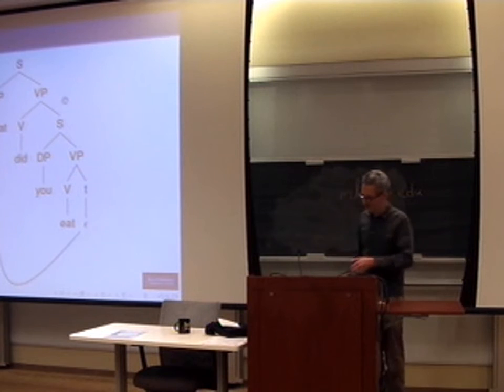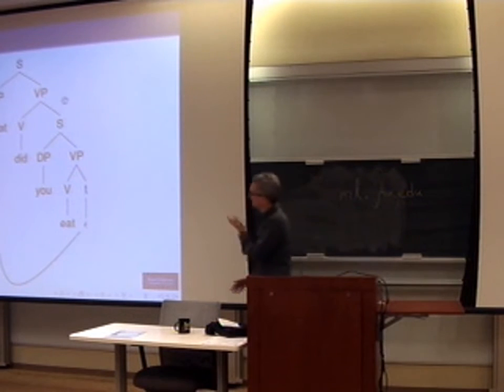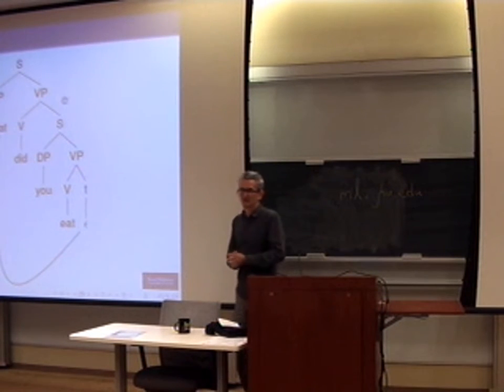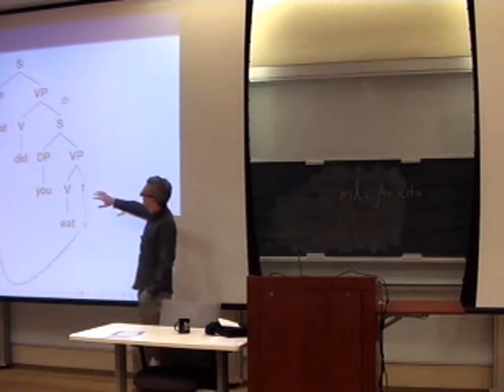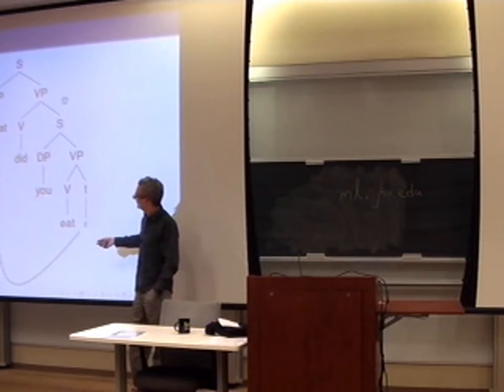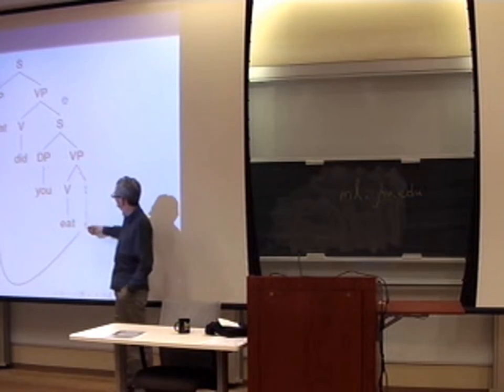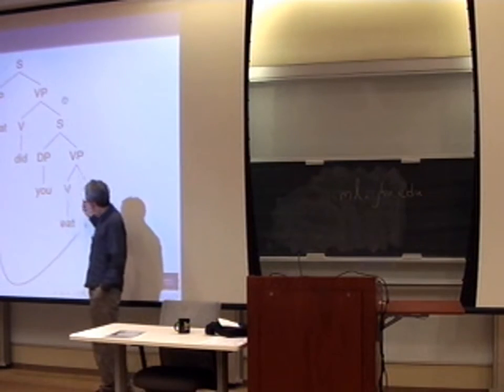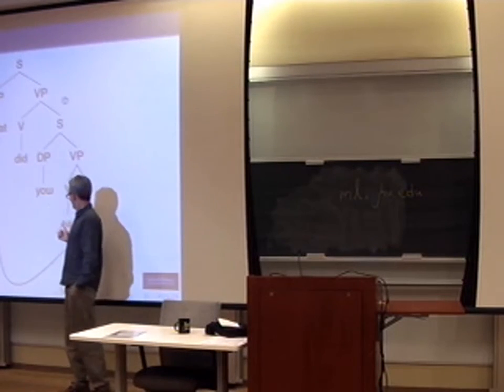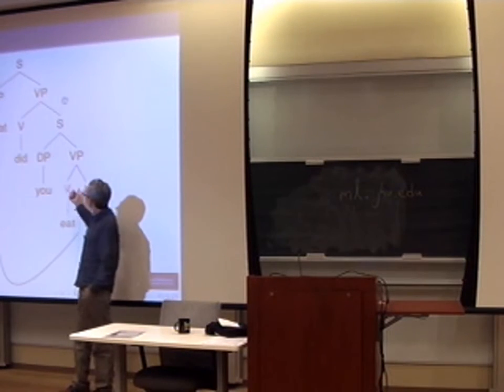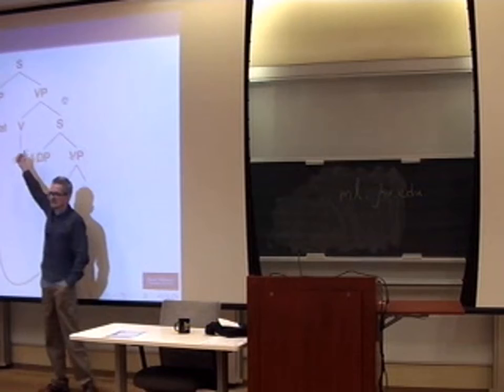Now, context-free grammars are clearly not adequate to represent all of the things that happen in natural language. So typically one has movement. In a classic linguistic case, you'll have a sentence like, what did you eat? And the what is considered to have moved from the object position of the VP up to here.